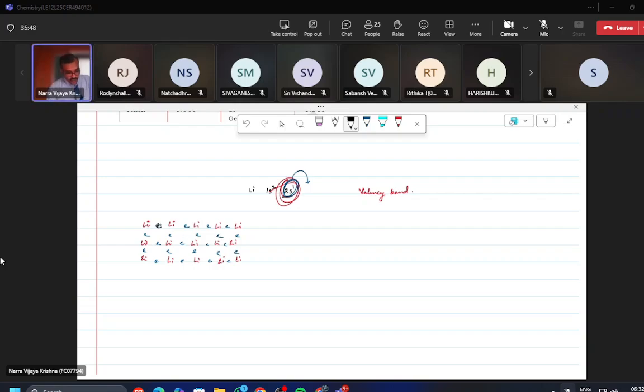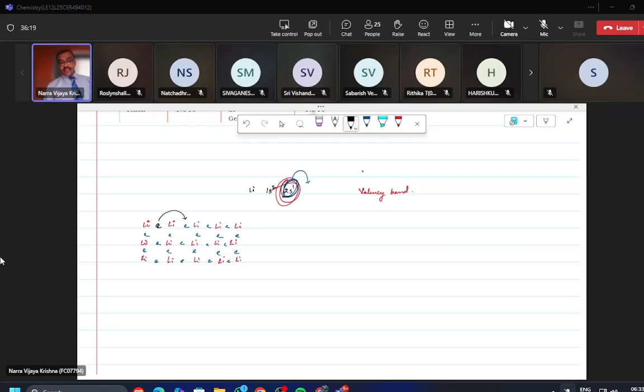So, in order to make this electron move from one place to another, the electron of this valency shell has to go to another valency shell or another energy level. From one energy level, it has to jump to another. Means in order to make this electron migrate, I need to increase its energy. If the electron's energy rises, it has to move from the valency band to some other band.